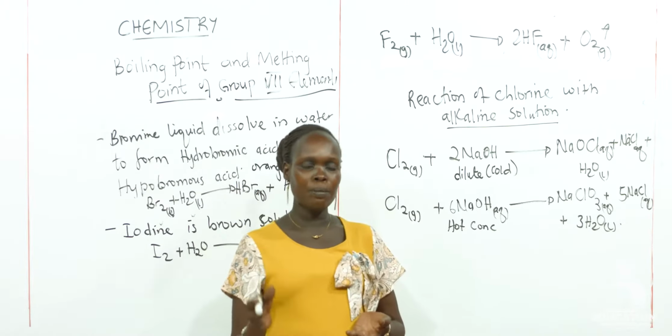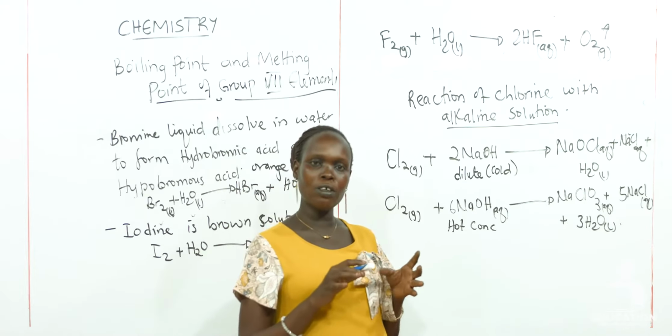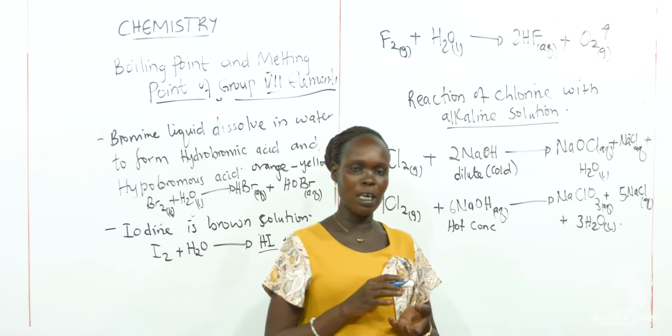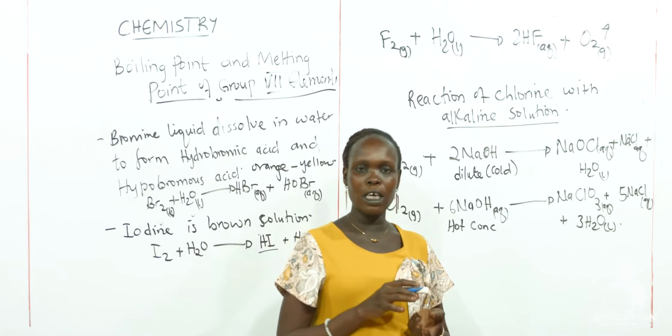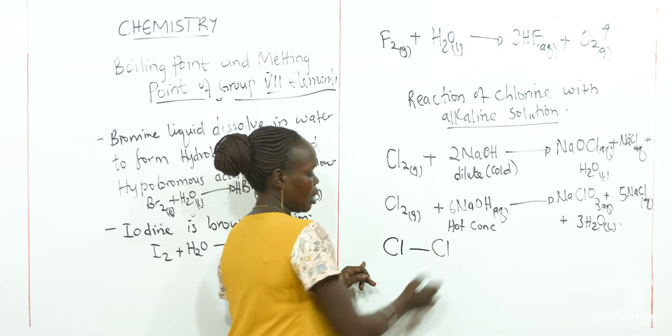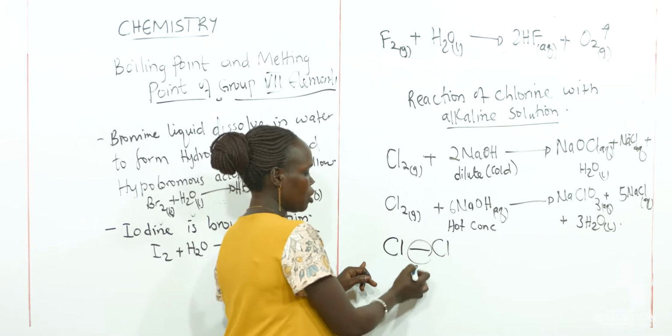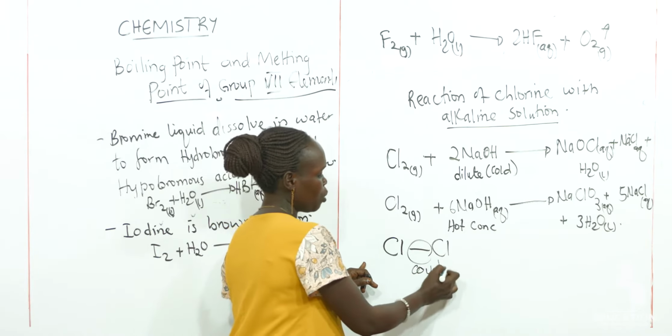You also need to remember that they are known as diatomic molecules. They are not found in a free state in nature, and they are known as diatomic molecules at room temperature. It means 2 atoms of chlorine join together, joined by what is known as a covalent bond.